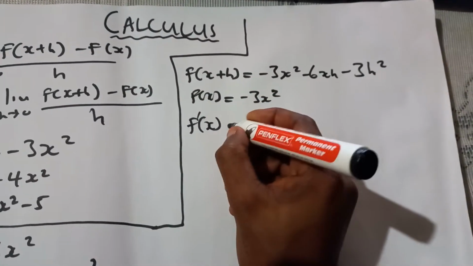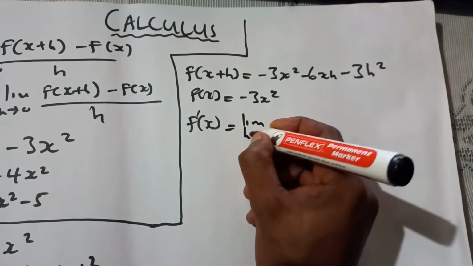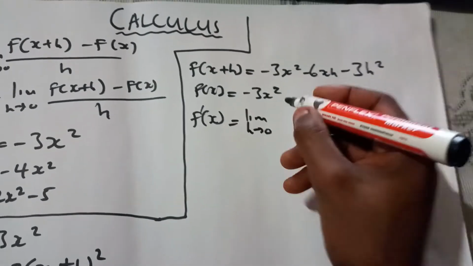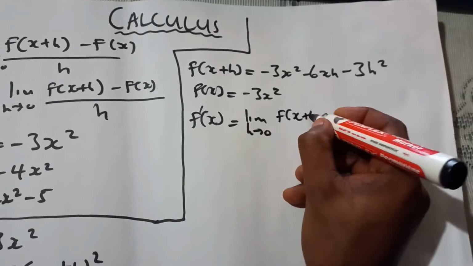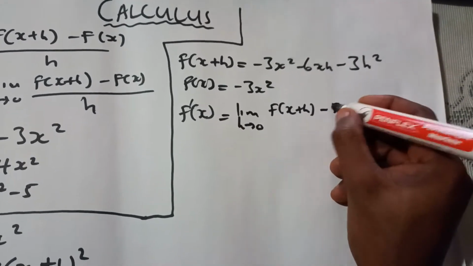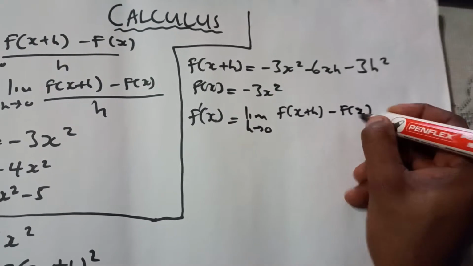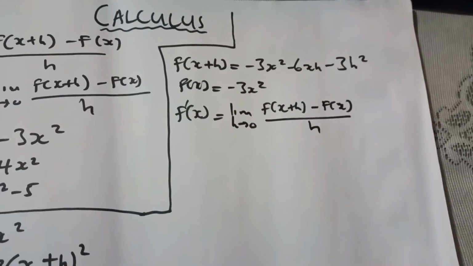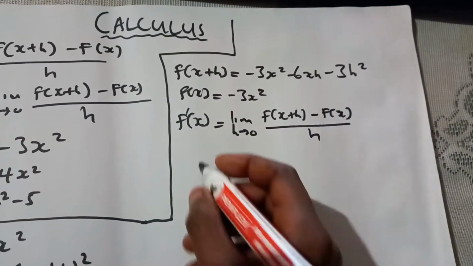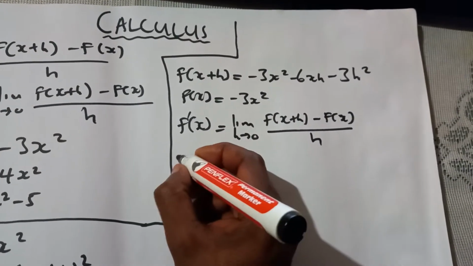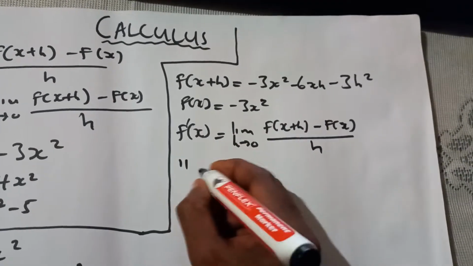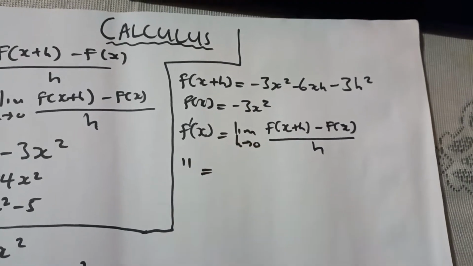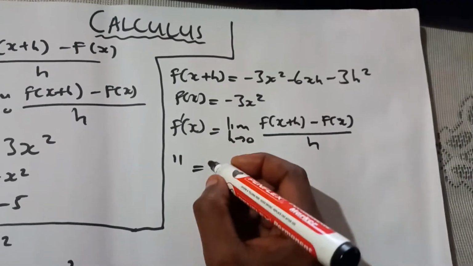F derivative of x equals the limit as h approaches 0 of f of x plus h minus f of x, all over h. Now all we have to do is plug in. So I'll just equate it there. So remember, this indicates the f derivative of x.